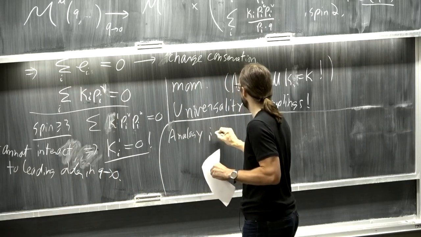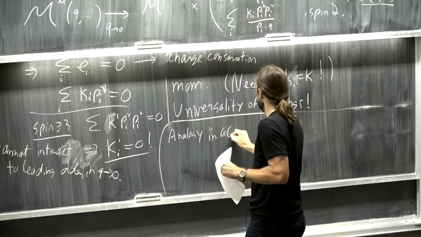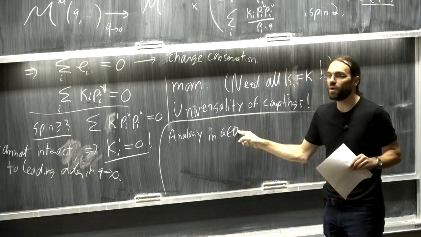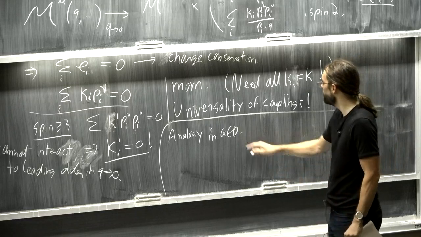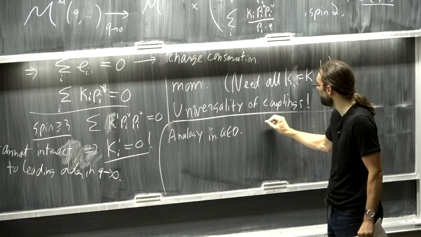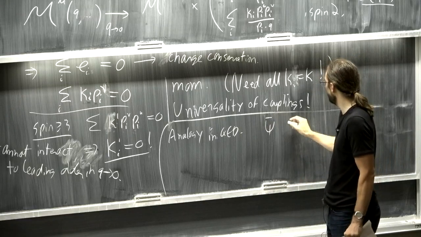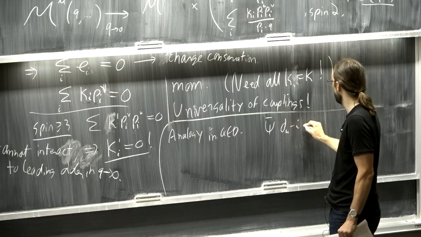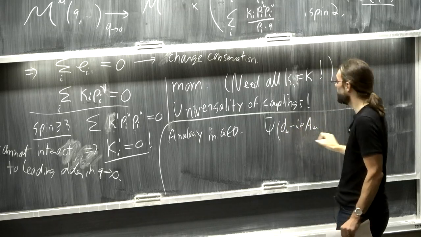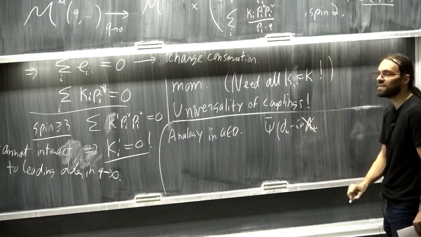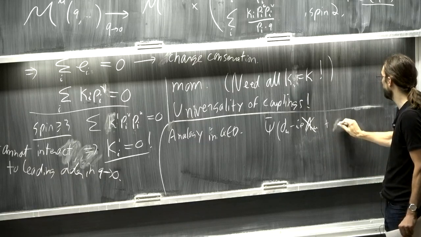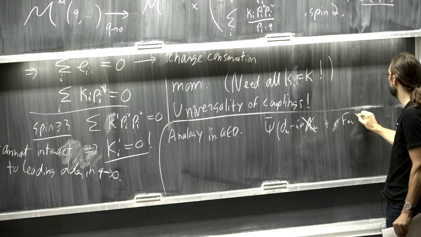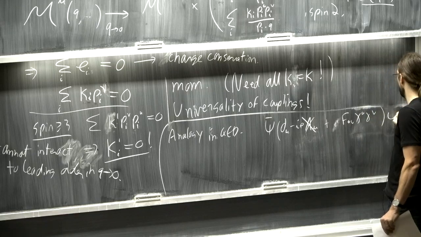in QED, if you assume that all of the interactions of this particle are proportional to some kind of field strength. So this would be like in QED, where normally a photon will couple to something like this. Now let's say this is not there. But the next thing you can write down is some coupling, e prime times F mu nu, with gamma mu times psi.